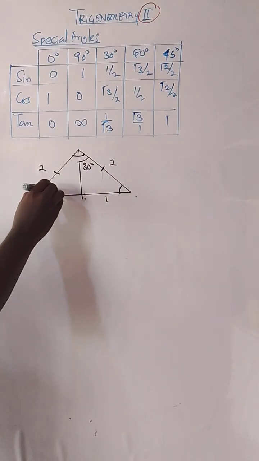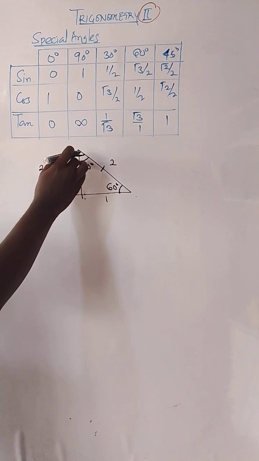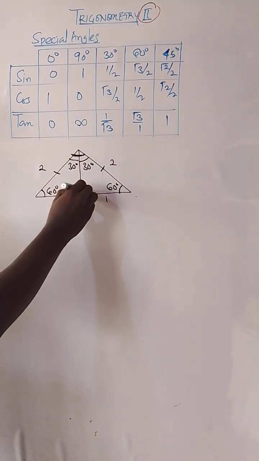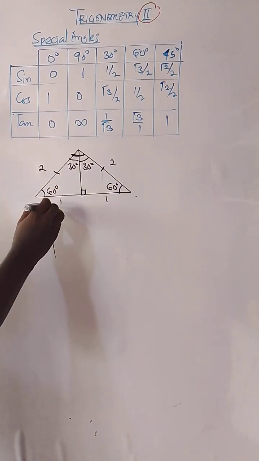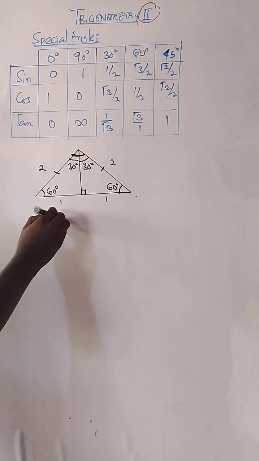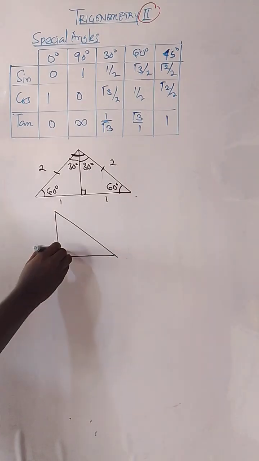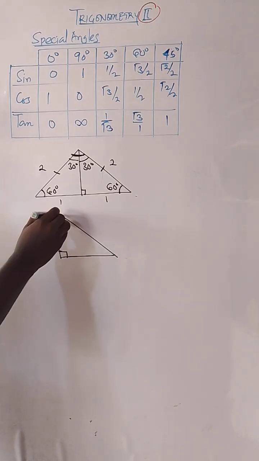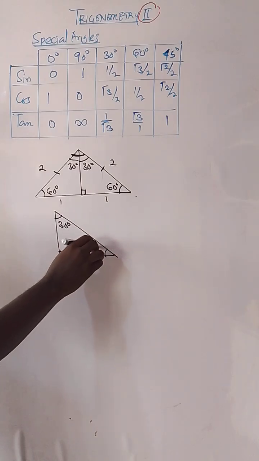Recall this is 60, this is 60. The whole of this is 60, so it splits into 30, 30. And this is 90 degrees. So if you bring out this part, for a right angle triangle, if one of the other angles is 30, then the third angle is 60.